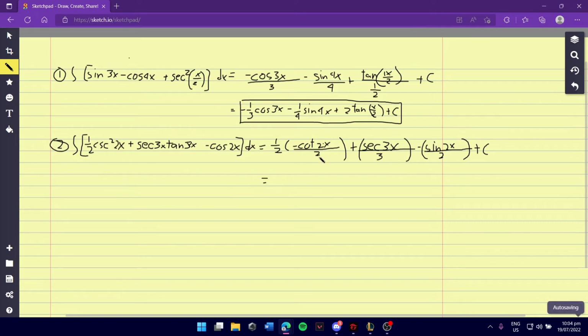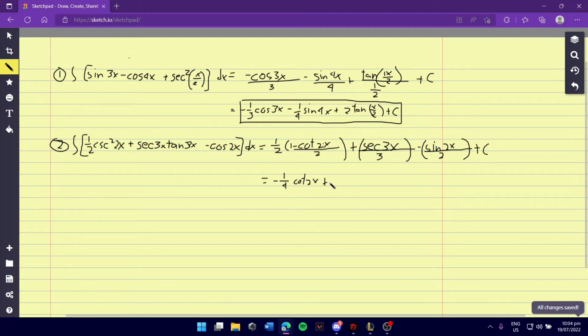So we're going to simplify this. We have 1 half times 1 half becomes 1/4, negative 1/4 cotangent 2x. So this will become negative 1/4 times cotangent 2x.